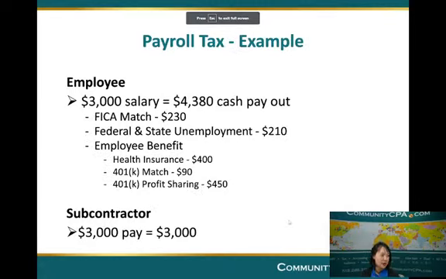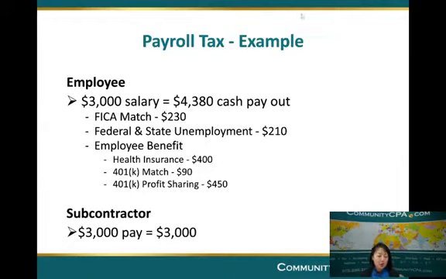Let me repeat that. If you're hiring someone as an employee and you are planning to pay that person $3,000, after all the taxes your most likely cash out will be around $4,380. Just giving an example, okay? Because you have the FICA employer match of $230, and then you have federal and state unemployment of $210.